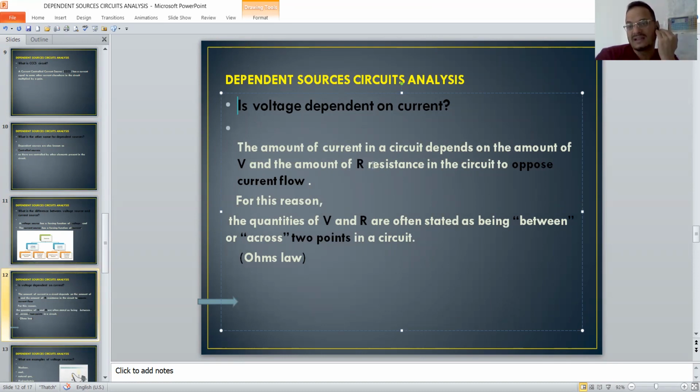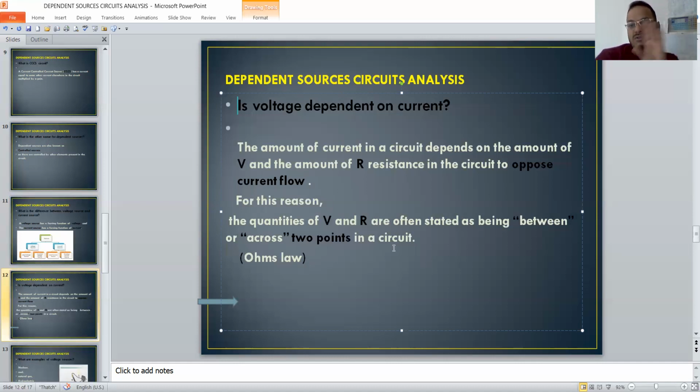Like I said in the last lectures, we use the resistance to protect our devices from current surge or leaking current. For this reason, the quantities of voltage and resistance are often stated as being between or across two points in a circuit.